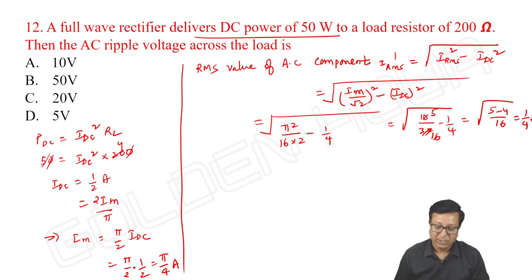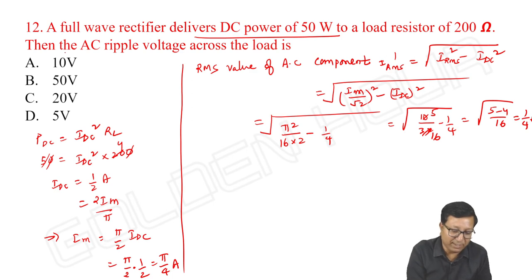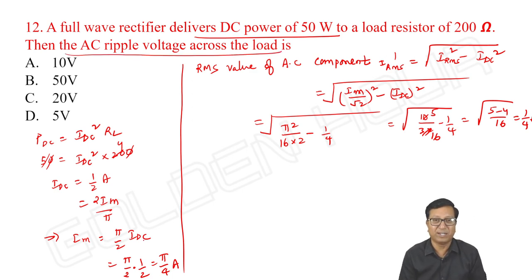That is the RMS value of the AC component, IRMS dash. They are asking for the AC ripple component voltage across RL.